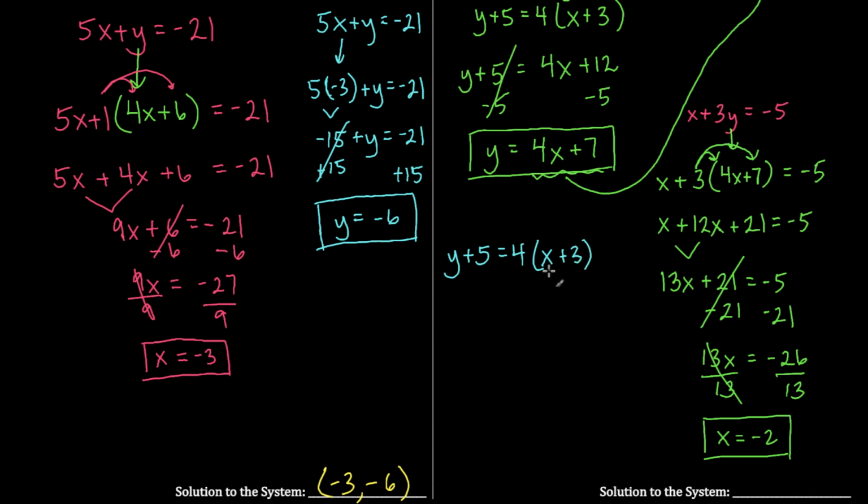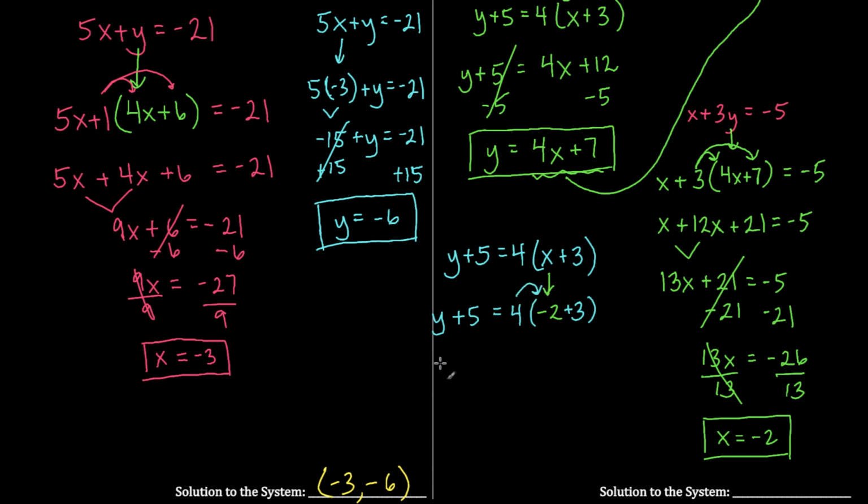I'm going to make this x. I'm going to take that x and make it negative 2. So it's going to say negative 2 plus 3 on the inside times 4 should equal y plus 5.